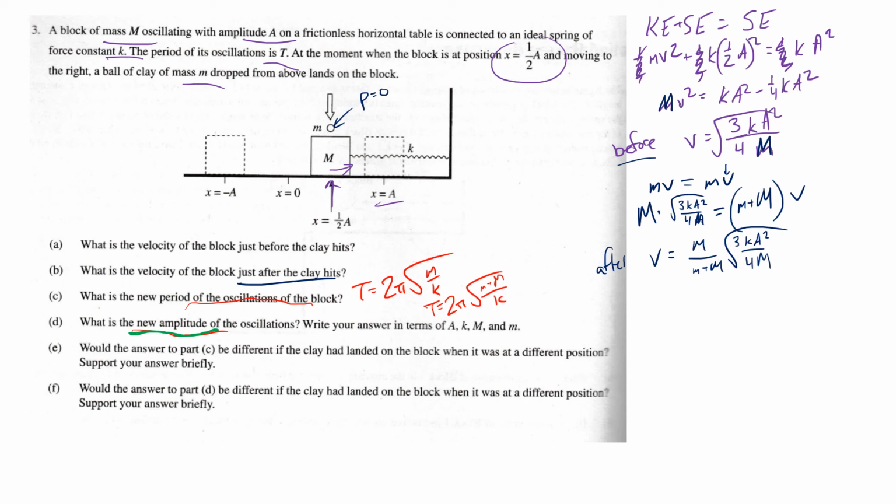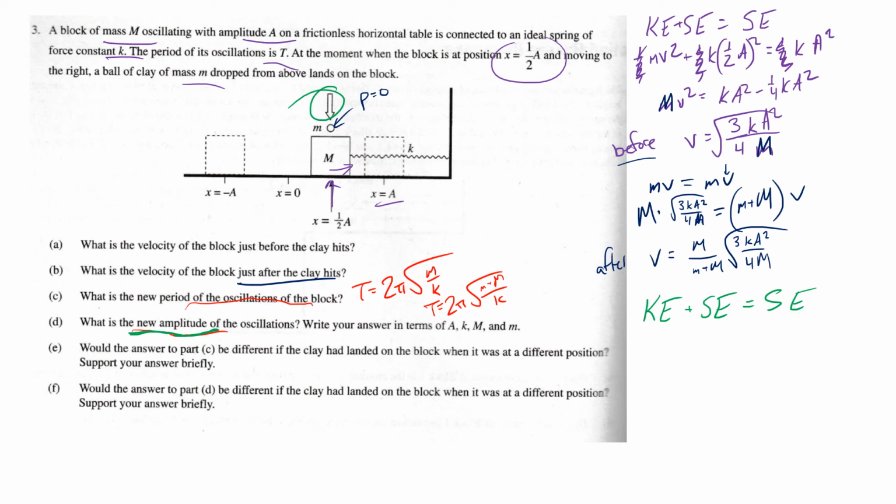Since we only know about this position right there, we have to work from that position. So we're going to have the kinetic energy of that halfway mark plus the spring energy of that halfway mark. We want to see when it equals the maximum spring energy. This is very similar to the purple problem here, except we're doing it post-collision instead of pre-collision now.